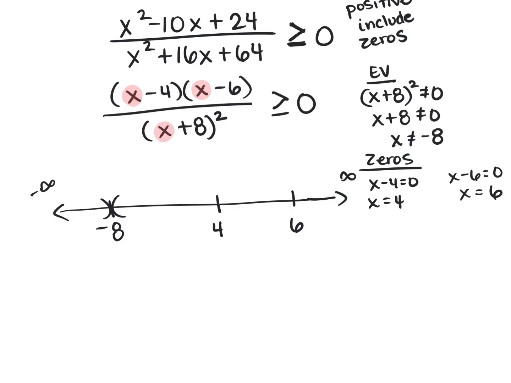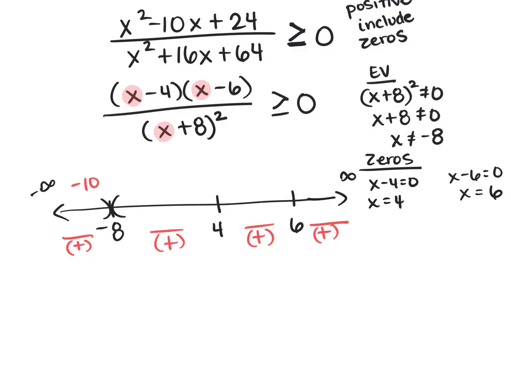You can put them here if you want to, but hopefully you'll recognize that when you put them in the denominator and then you square the answer, you're always going to get a positive. So I can go ahead and do that across through here. I know that every single denominator is going to be positive. I don't have to calculate it. That saves me time.